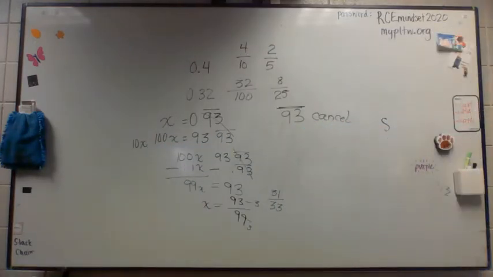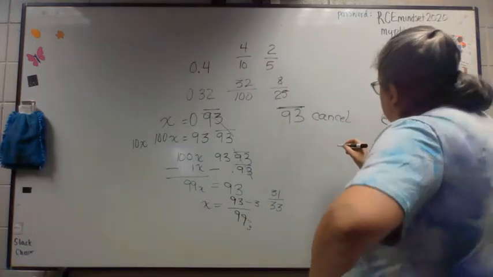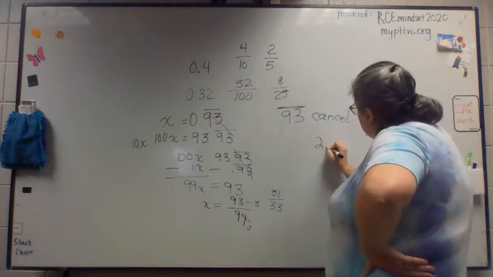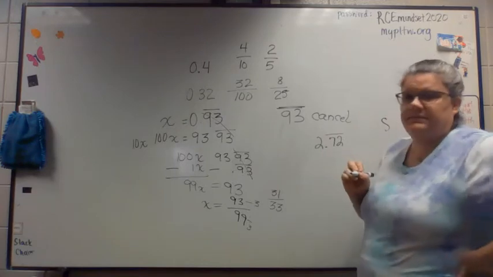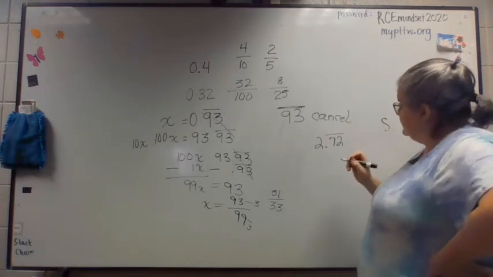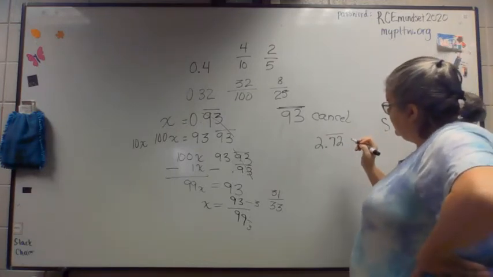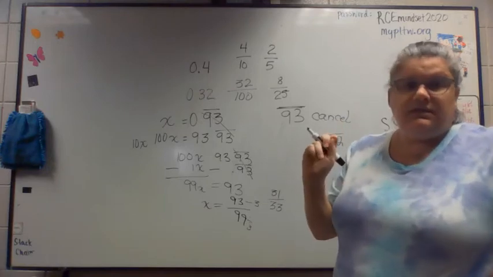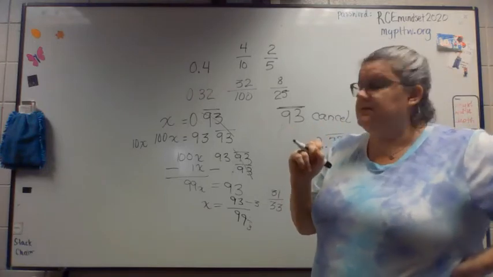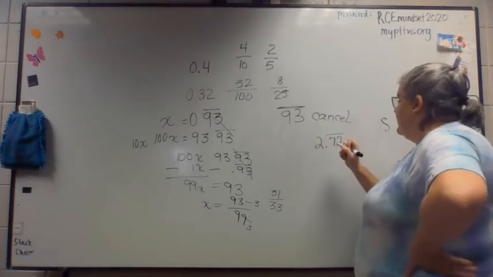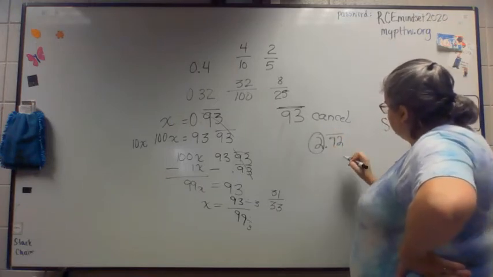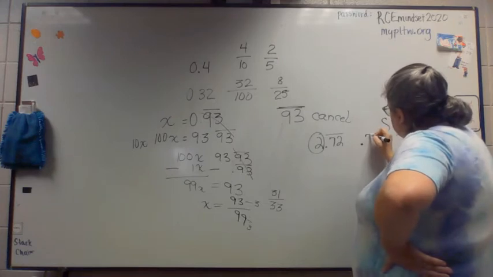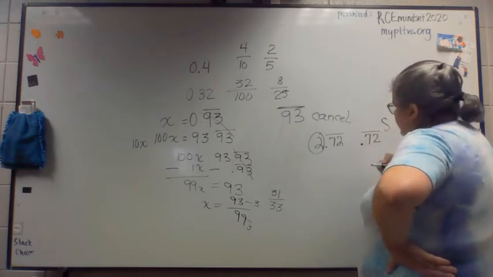The other example I'm going to do is 2 and 72 hundredths repeating. So for this example, I have two options. The option I'm going to take is I want to just pretend like the 2 isn't there, so I'm just going to deal with it as 0.72 repeating.